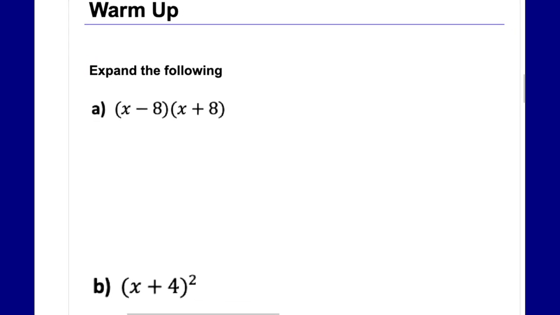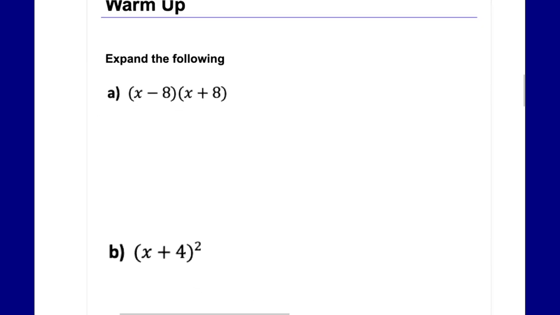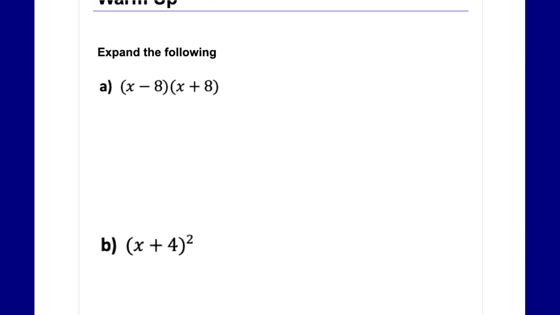So just as a warm-up, we want to expand the following. And as we expand them, we're going to take a look at the result and see, is there any sort of relationship between the final product and the factored form. So I'm going to use the FOIL method or the rainbow method, distributive property. X times x, we get x squared.